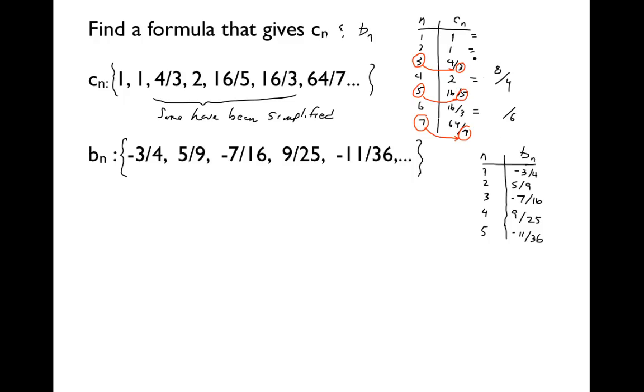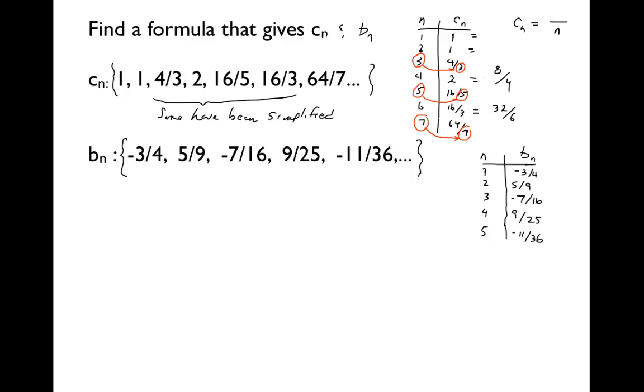And now you're going to form a new sequence of numerators that's going to actually be something you can see. And the denominator is simply what? N, right? Okay, so how many sixths is 16 over 3? 32, right?